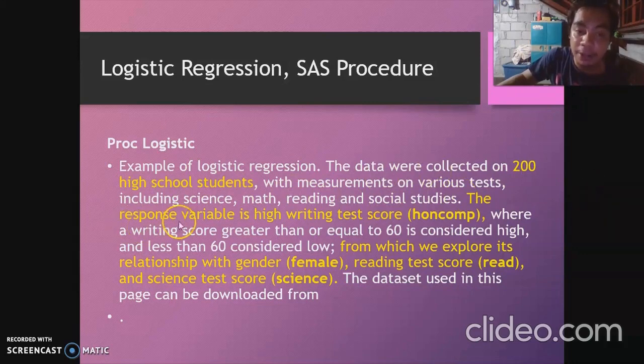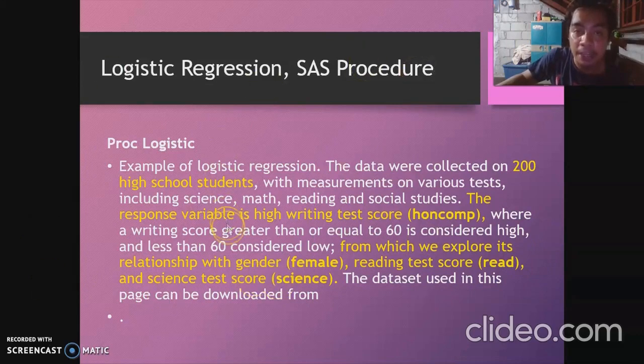The response variable is high writing test scores, where a writing score greater than or equal to 60 is considered high and less than 60 is considered low, from which we explore its relationship with gender, female, reading test score, read, and science test score, science.